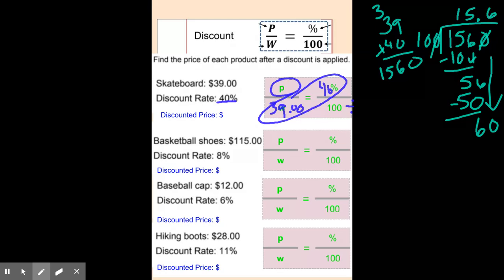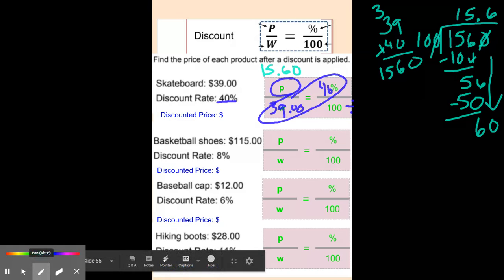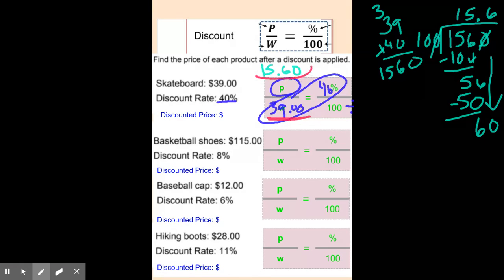So the money we're taking off, our discount, is $15.60. But we're not done. That's the amount that's being taken off. To find the actual discounted price, we have to take the total minus the discount.